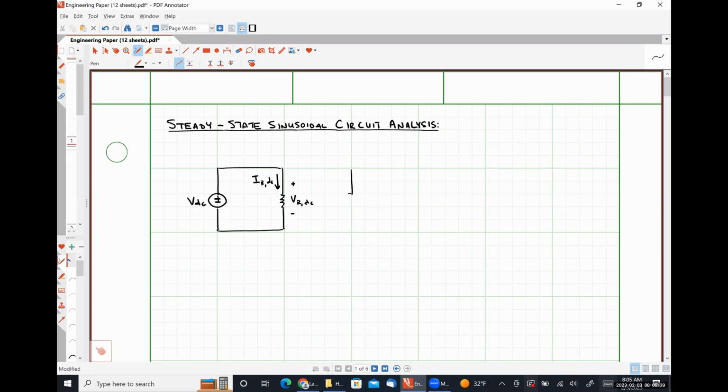What if I had a DC voltage source connected to a capacitor? My voltage drop is going to be DC? Yeah, absolutely. What about my current? It's going to be 0, which is a DC quantity.